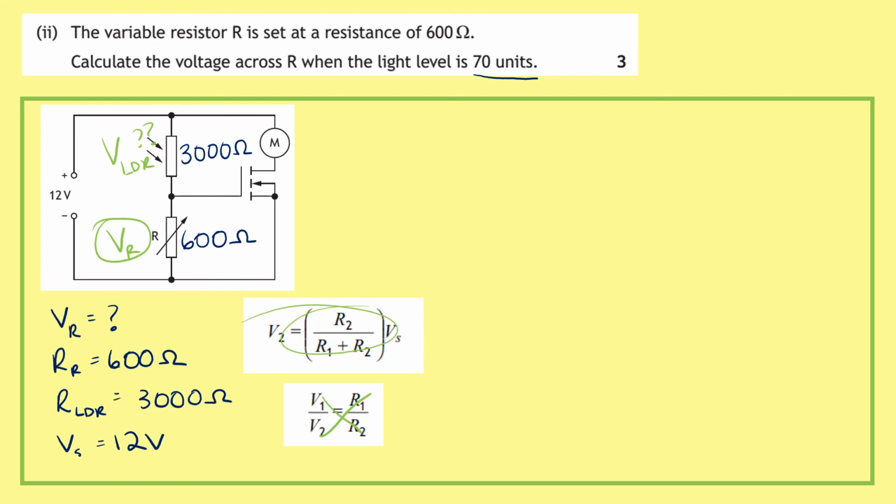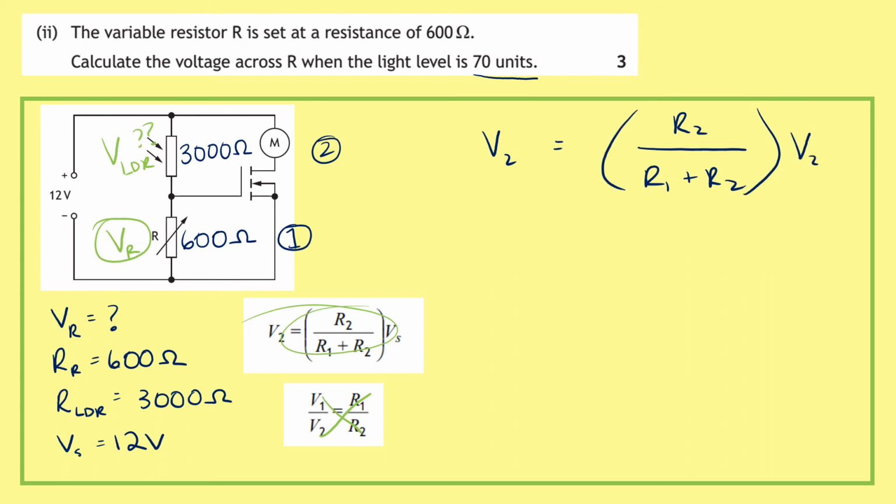So let's say, giving labels 1 and 2, that our resistor is 1 and our LDR is 2, just so we can keep our numbers consistent. V2 equals R2 over R1 plus R2, all in brackets, multiplied by Vs. Let's start plugging our numbers in.